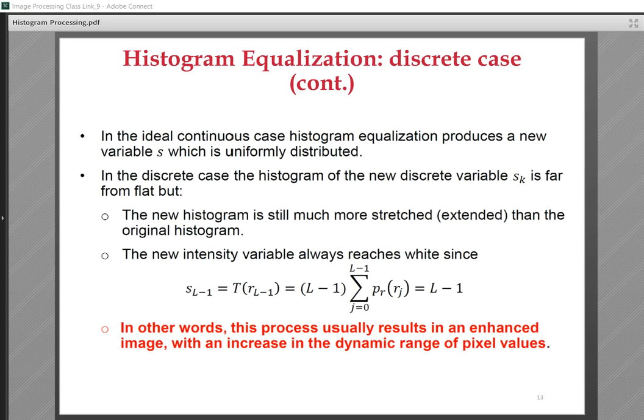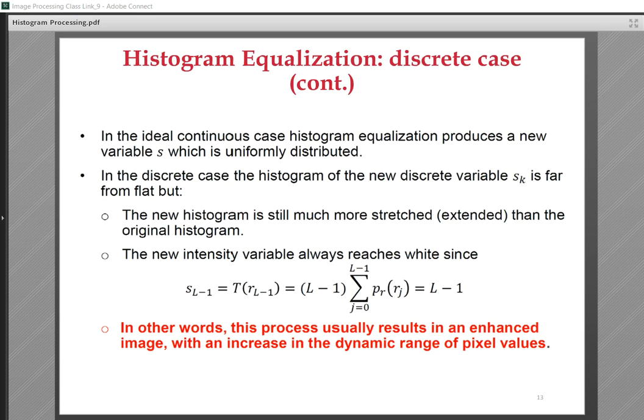The resultant histogram Sk is still much more stretched or extended than the original histogram. We see some good examples in the next slides.